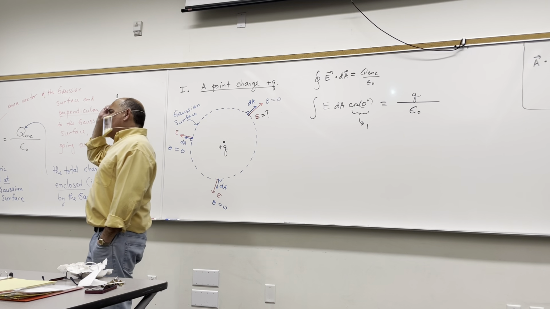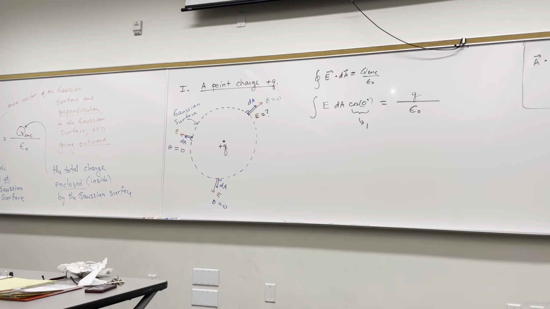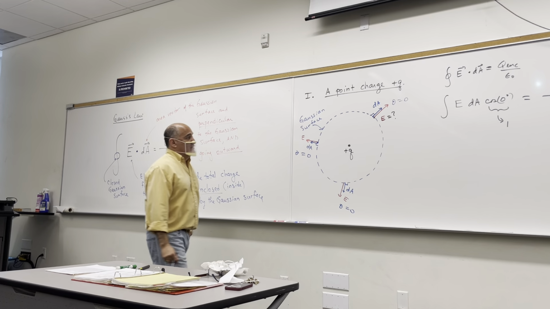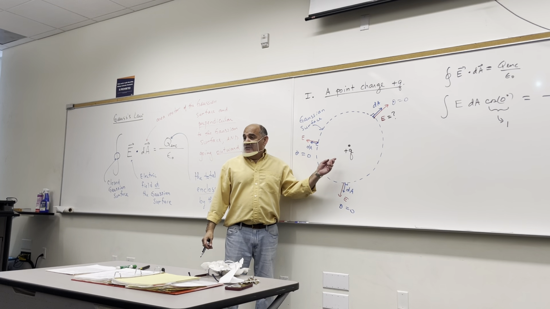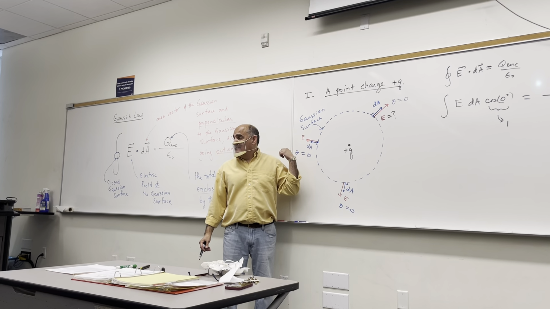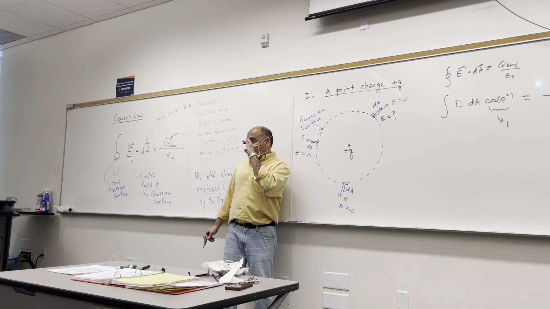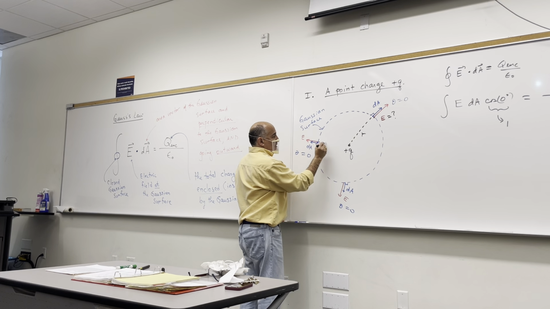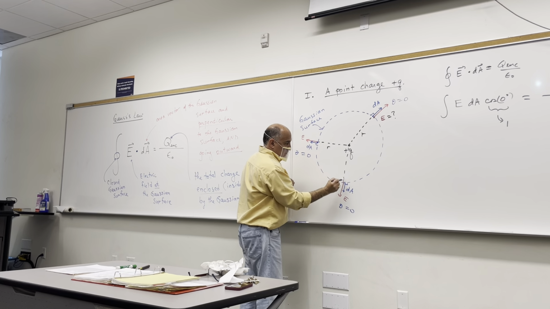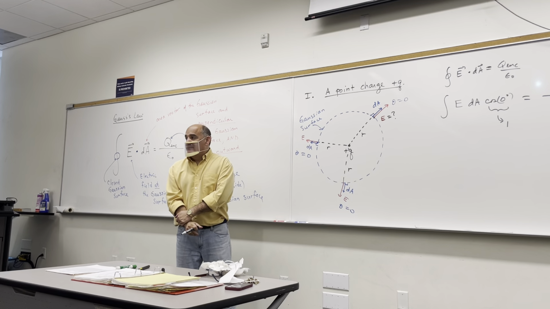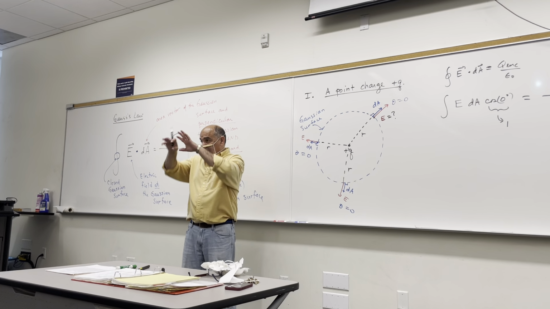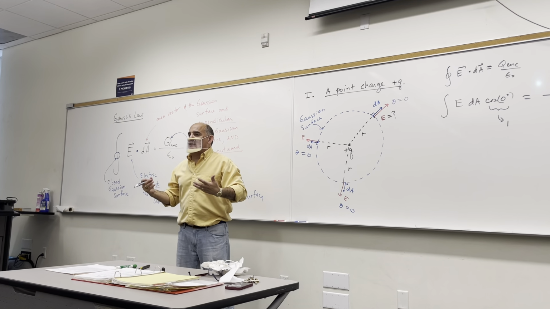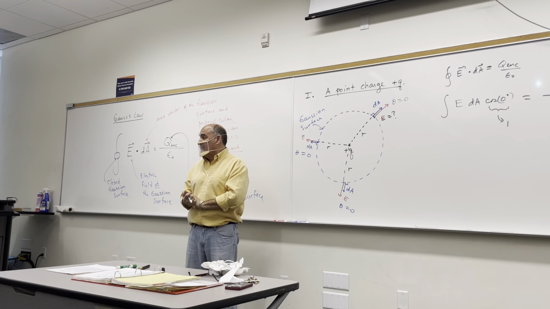Now, why would I pick a sphere when calculating the electric field generated by a point charge? Well, I know that the electric field drops with distance. If I consider a sphere with the point charge at the center, all of these distances are the same. So everywhere on that surface, the magnitude of the electric field should be the same, because they're all at the same distance from the point charge.